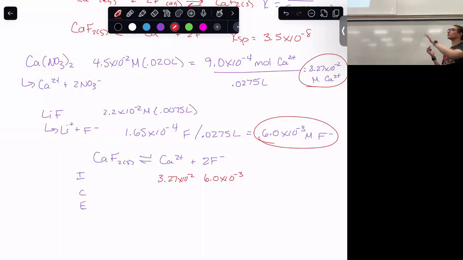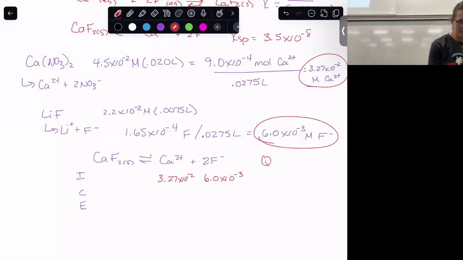Q, right? We don't know if these concentrations are going to tell us if we have enough ions in solution. So we need to compare Q to K to see if a precipitate is forming or not. If a precipitate forms, that means we are past equilibrium.